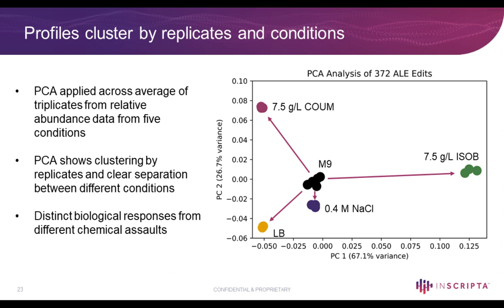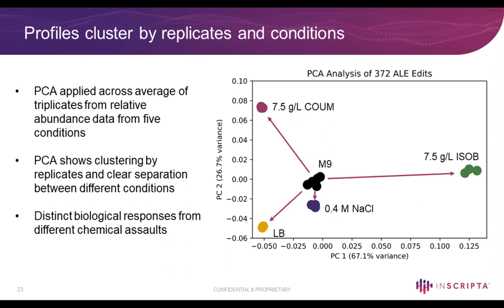One additional way of looking at this same kind of separation of data is by doing a principal component analysis. So this is the PCA analysis of just the 372 AL edits. As you can see, they cluster on the replicates. These are all the replicates plotted out here, and they cluster in distinct locations within the PCA analysis.